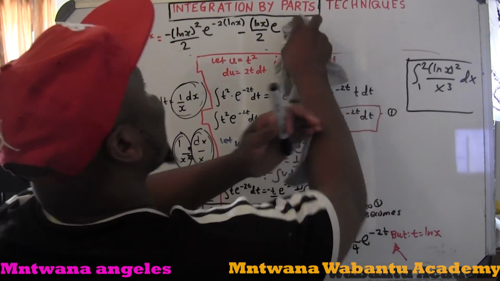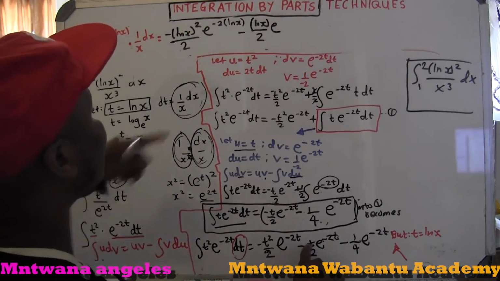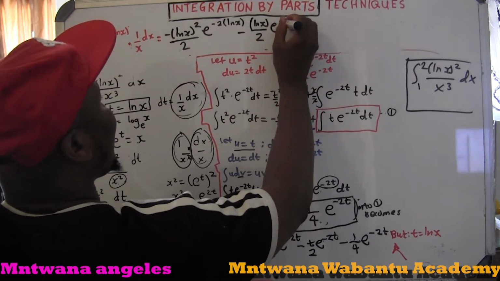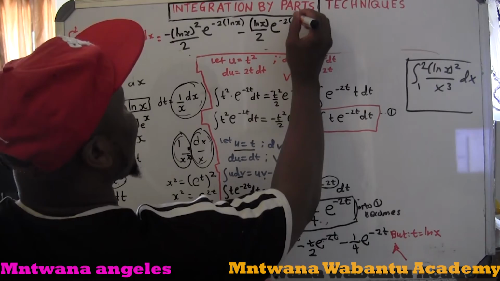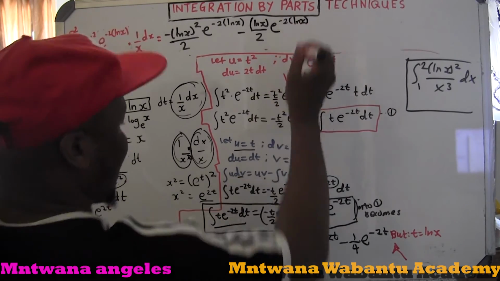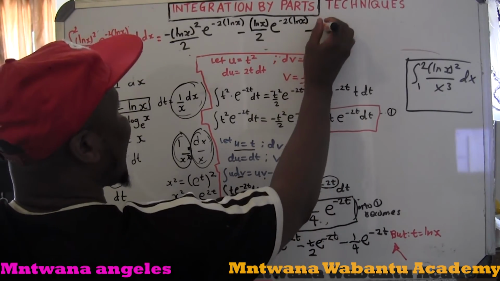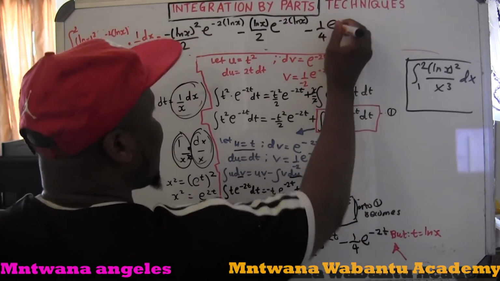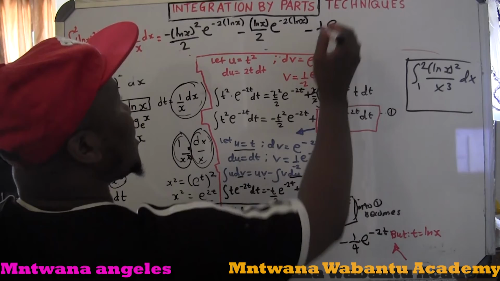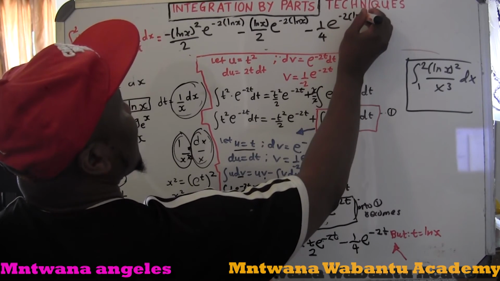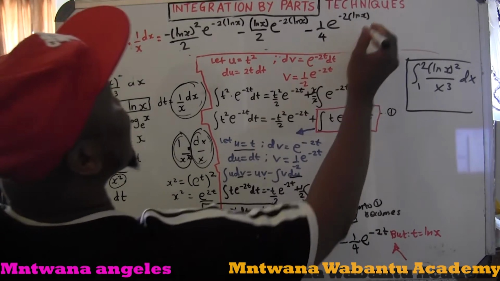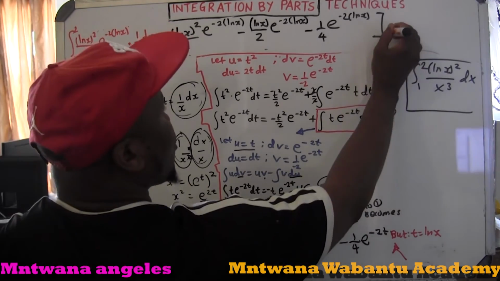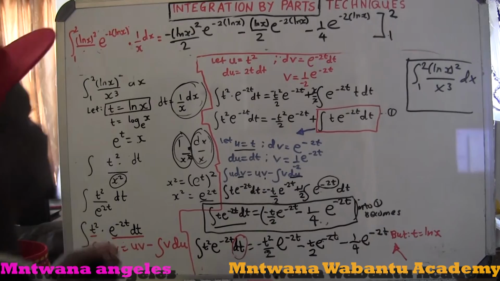So now we have t ln of x over 2, e to the negative 2, where t is ln of x. Now we go minus 1 over 4, e, where t is ln of x. So now you can substitute your limit. My limit is from 1 to 2.